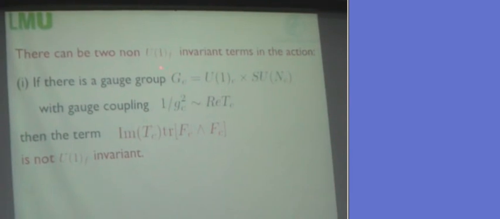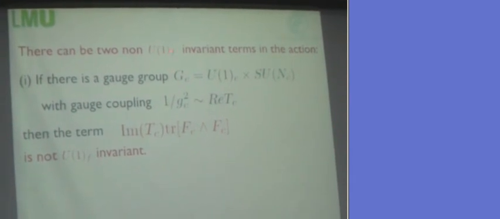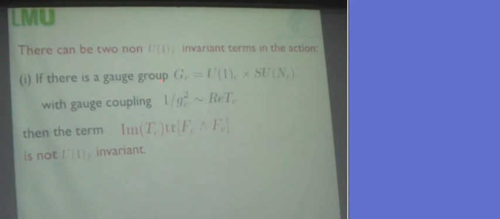So now, due to this non-invariance, there are two non-U(1)_F invariant terms in the action. Namely, first, if there is a gauge group U(1)_F times SU(N_C) with gauge kinetic function, or coupling, real part of T_C, then the term trace F_C wedge F_C times imaginary part of T_C is not U(1) invariant, obviously.